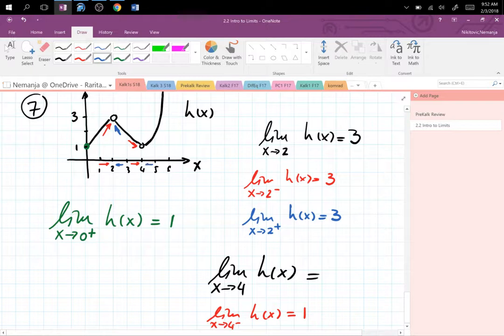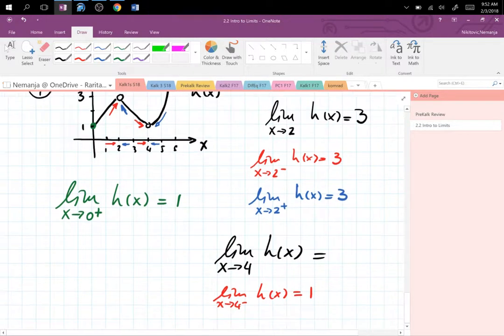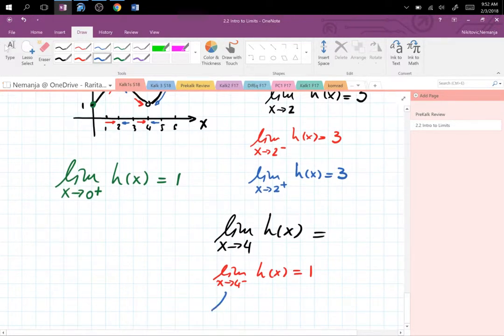Blue approach from the right is what? Overall limit is what? Again, left limit and right limit agree. They are at the same point. Therefore, we get that.